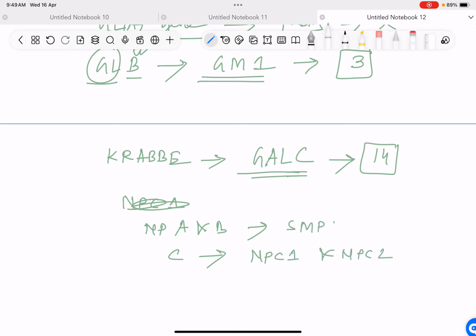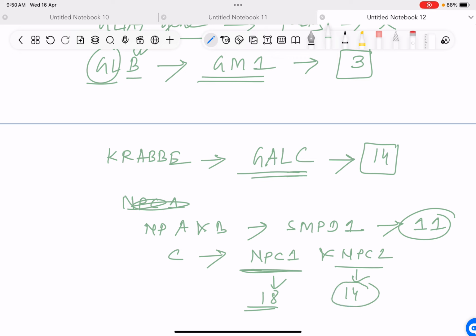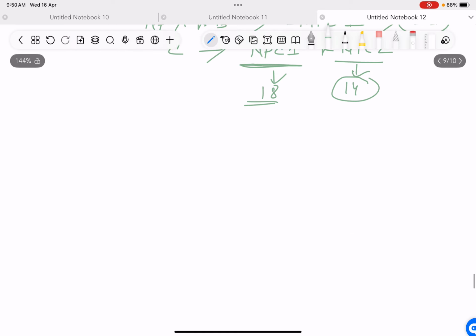The gene is SMPD1. This is present in chromosome number 11. For this, it is very difficult. NPC1, NPC2. NPC1 is present in chromosome number 18, which is the most common defect, 95% of the time, and NPC2 is present in chromosome number 14. So we are slowly memorizing, if I told you all at once it would be too much. NPC1 is chromosome number 18, NPC2 is chromosome number 14.